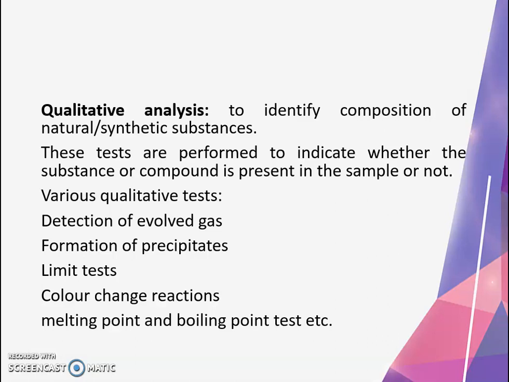These tests are performed to indicate whether the substance or compound is present in the sample or not. Various qualitative tests are detection of evolved gases, formation of precipitates, limit test, color change reactions, melting point and boiling point test, etc.